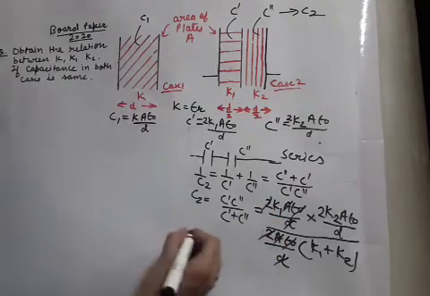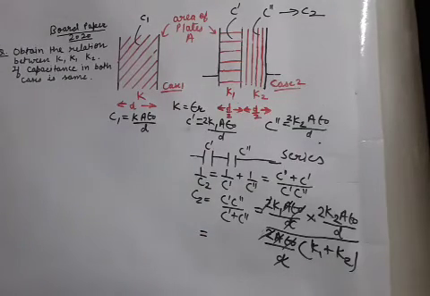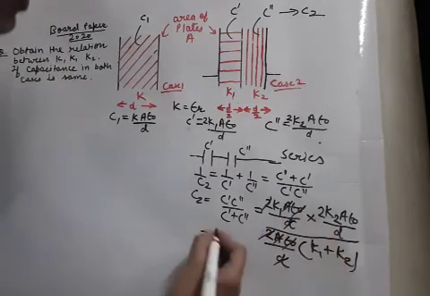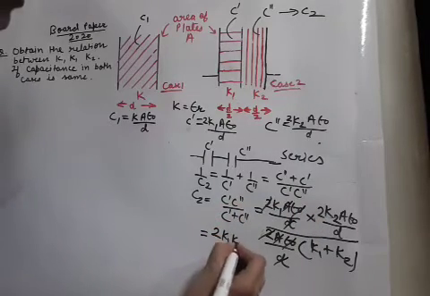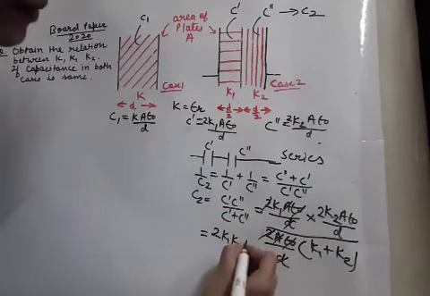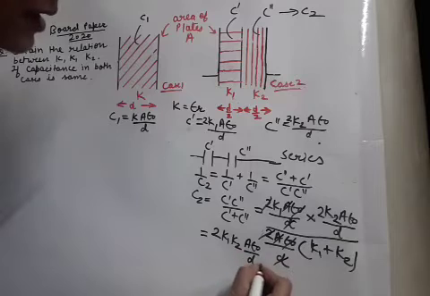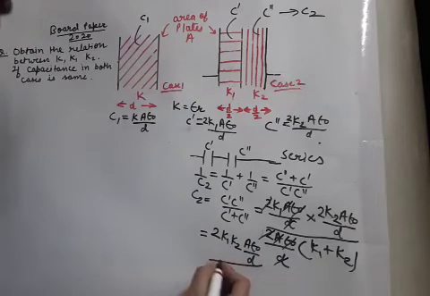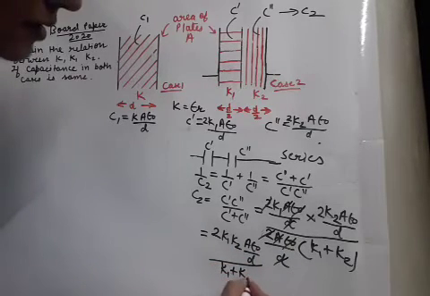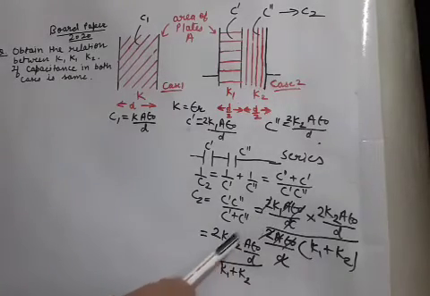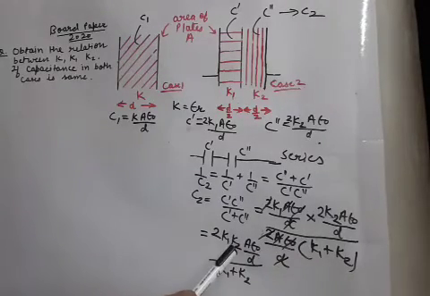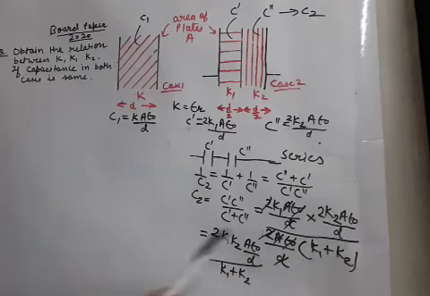Finally we are left with 2 K1 K2 A epsilon 0 upon D, and upon K1 plus K2. Let us check: 2K1 written, K2 written, A epsilon 0 by D written. Finally, this is the answer obtained for C2.